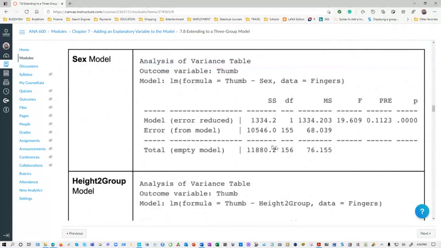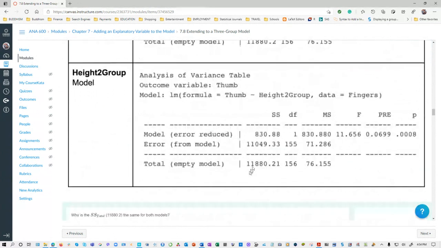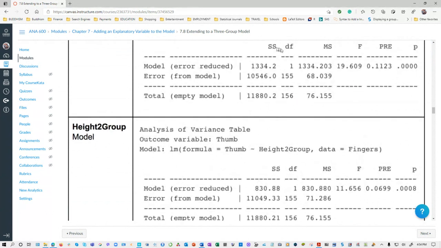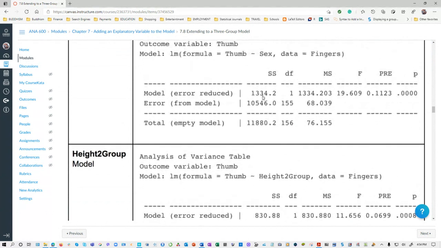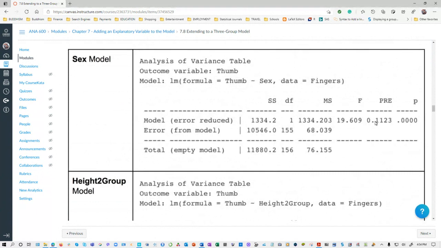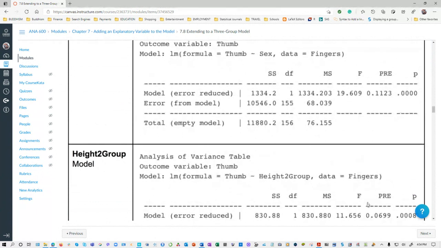The total sum of squared, that means the empty model, the sum of squared residuals not explained by the empty model, is the same for both cases, 11,880.2. But how much is explained by each model? This model explains only 830, less. That's why this PRE is less. Here PRE is a little bit higher than this one.